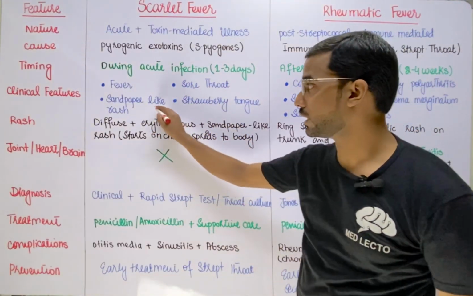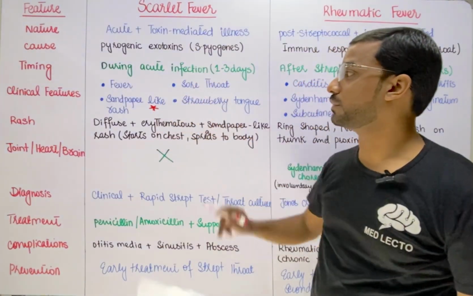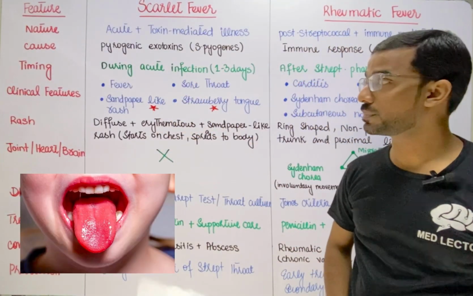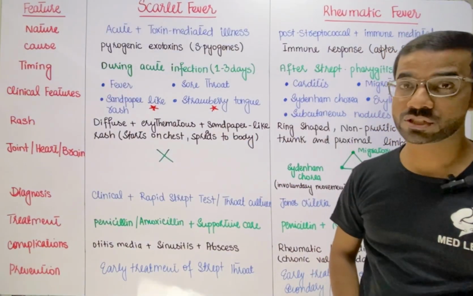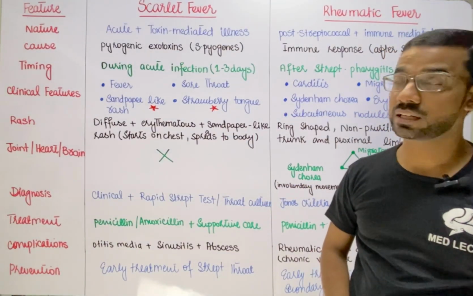That is the important thing in scarlet fever. Strawberry tongue will also be seen. So these are the four major clinical manifestations in scarlet fever.